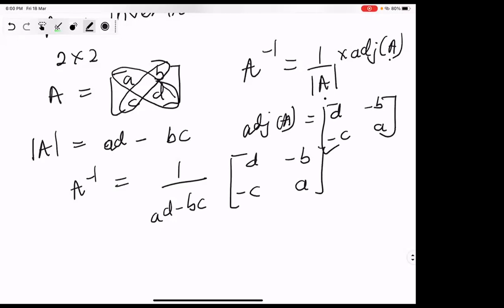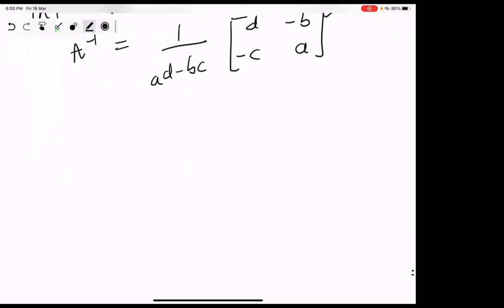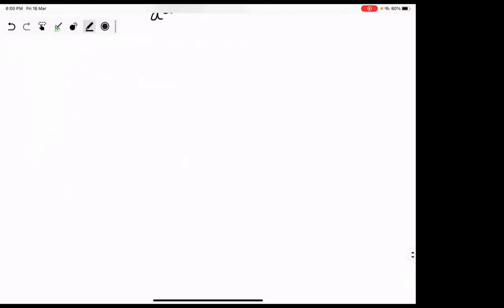Now let's use real numbers and see how this pans out. Given a square matrix B, let's say this is 2, 3, 4, 7.